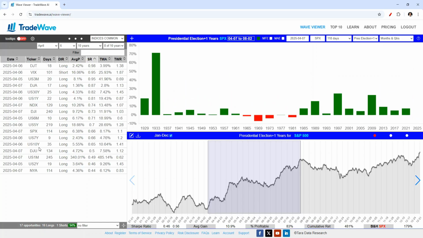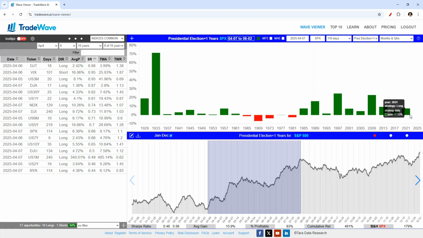Look at that. That is from the 7th of April, which is Monday, and it ends at August 2nd, which is right at the peak before the trend starts going downward again.